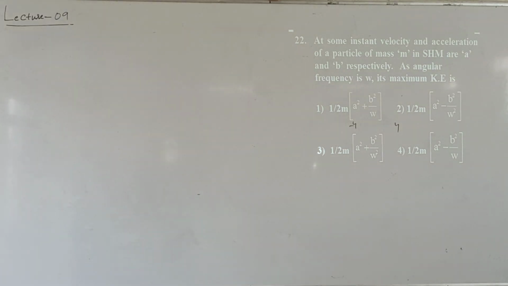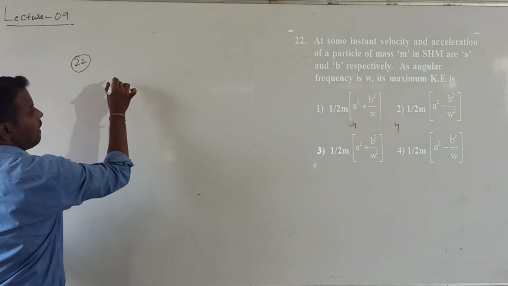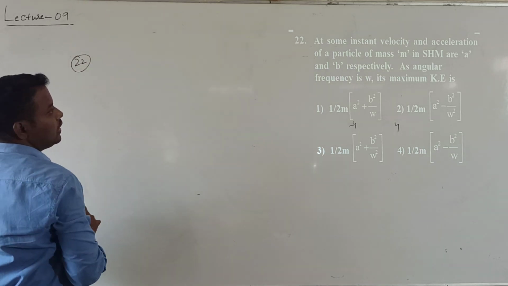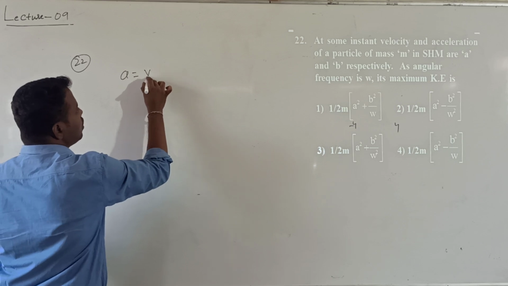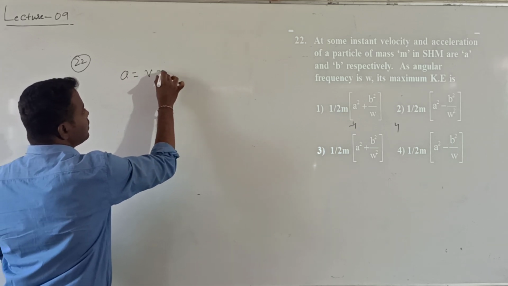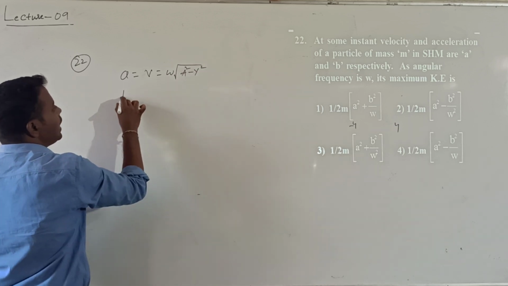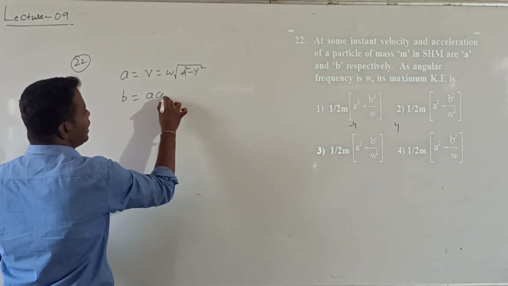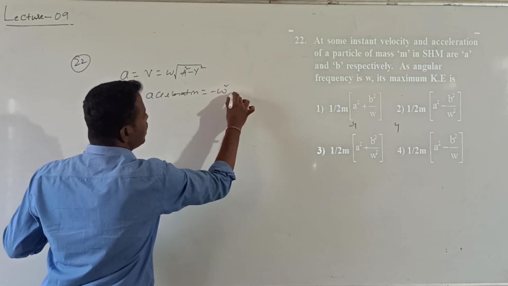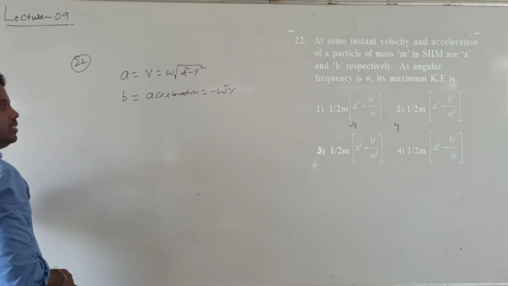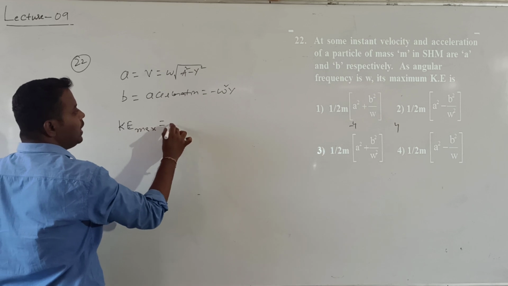So a is velocity, given by a equal to omega into root over a square minus y square. B is the acceleration, and the acceleration formula is given by minus omega square into y. Now they are asking us to calculate maximum kinetic energy KE max in terms of a, b and omega.